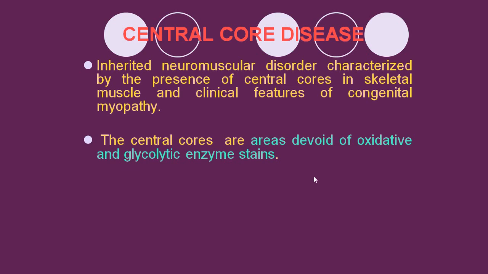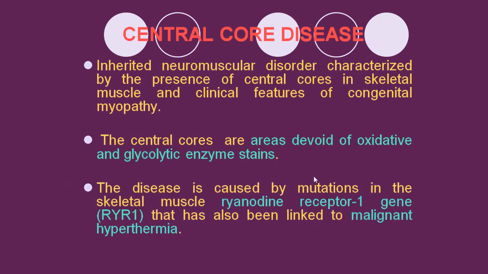The central cores are areas devoid of oxidative and glycolytic enzyme stains. The disease is caused by mutations in the skeletal muscle ryanodine receptor 1 gene, RYR1, that has also been linked to malignant hyperthermia.